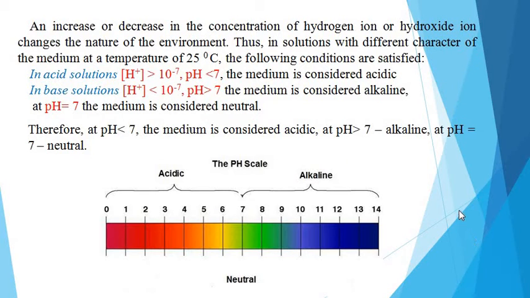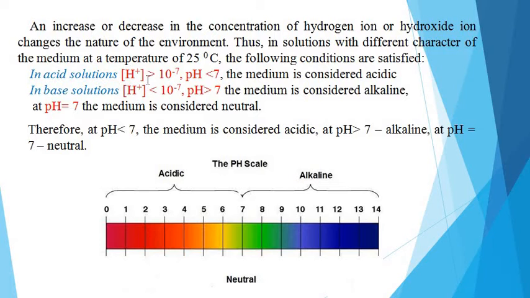An increase or decrease in the concentration of hydrogen ion or hydroxide ion changes the nature of the environment. Thus, in solutions with different characters of the medium at a temperature of 25 degrees Celsius, the following conditions are satisfied.